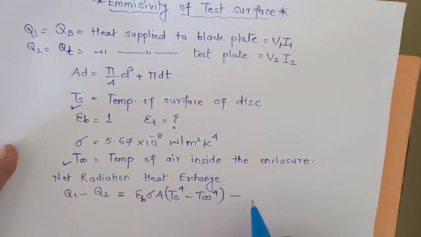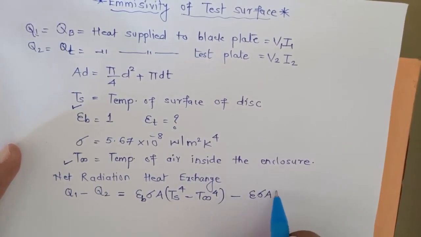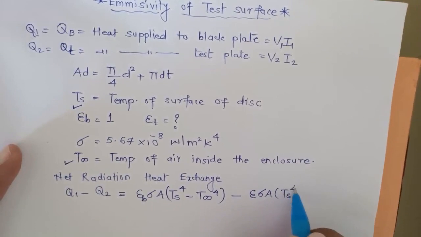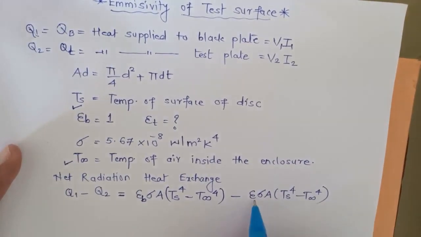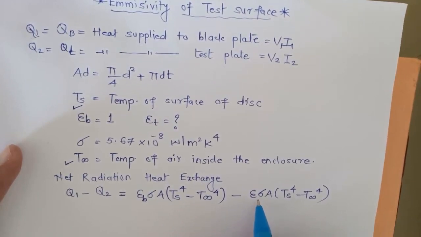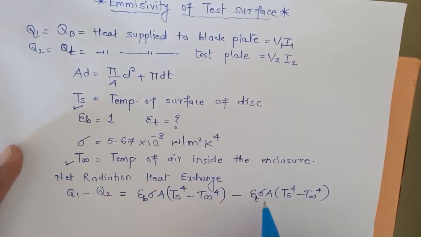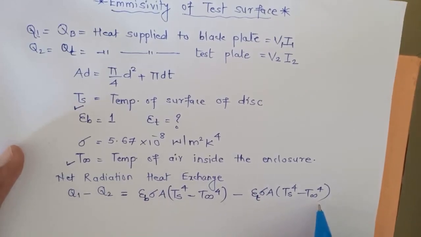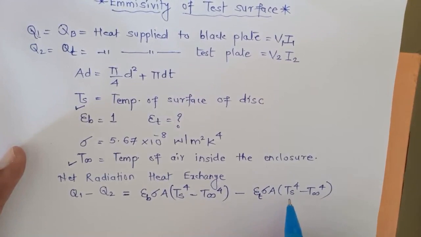Minus, now we will write the expression for Q2, and it will be equal to again epsilon sigma A into Ts raised to 4 minus T infinity raised to 4. In this case, this second emissivity will be the emissivity of the test surface. See, the basic formula will remain the same; only its application to a particular device or plate will change the parameters.